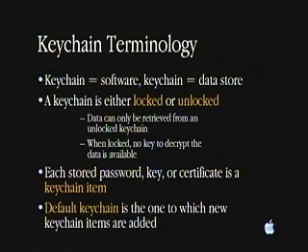A keychain can be in one of two states. A keychain is either locked or unlocked. And the definition of an unlocked keychain is one that has a key which is available to decrypt items in the keychain. Without that key, nothing can be decrypted, nothing can be retrieved from the keychain, and the keychain is locked.